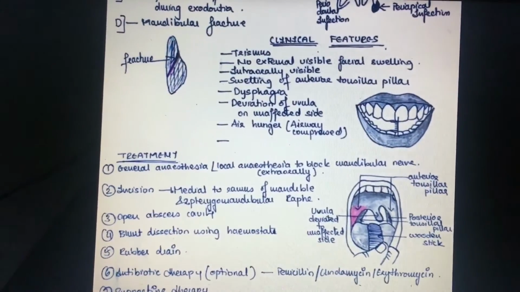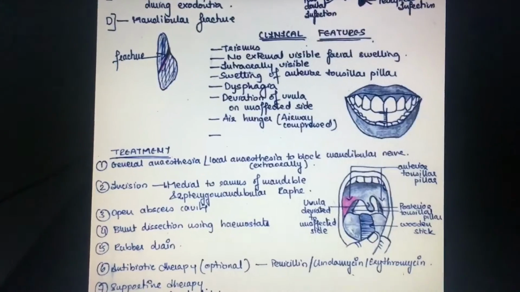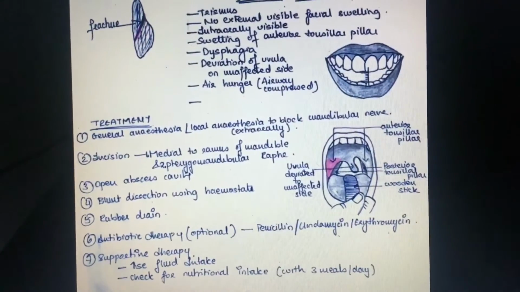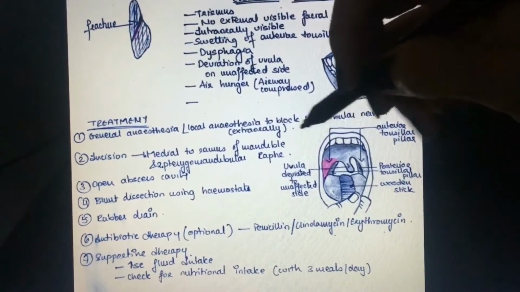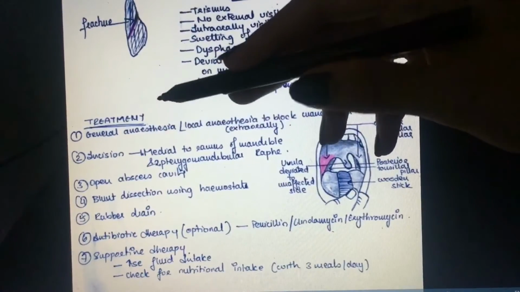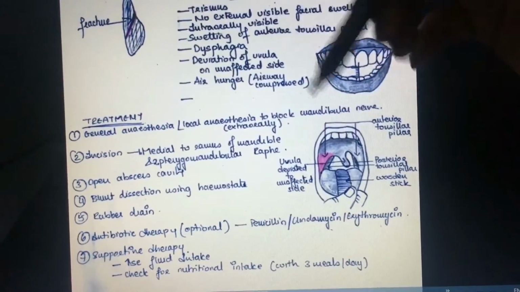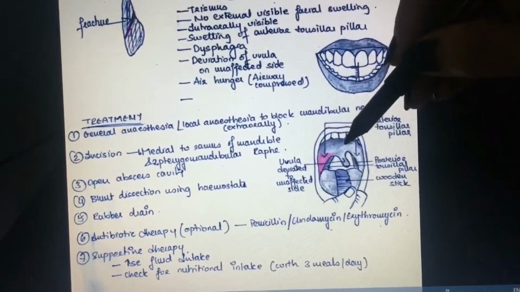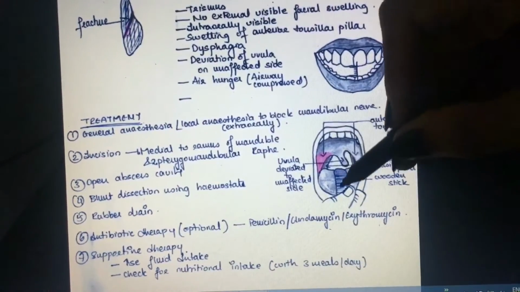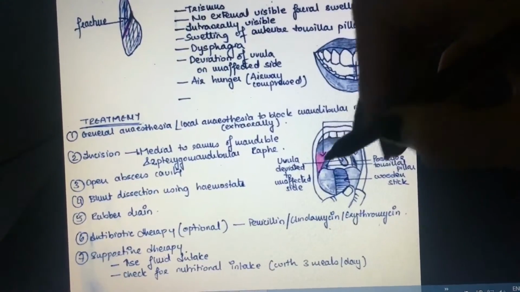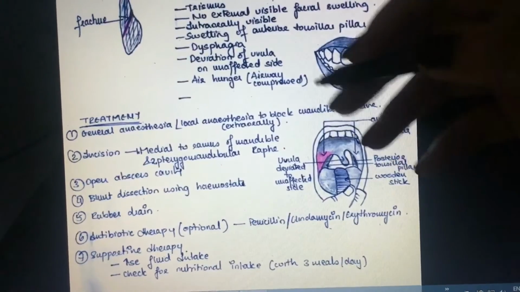Now let's go to the treatment of pterygomandibular space infection. In the treatment, the first and most important thing is anesthesia. As the patient cannot open his mouth widely, there is less chance of giving an intraoral local anesthetic.